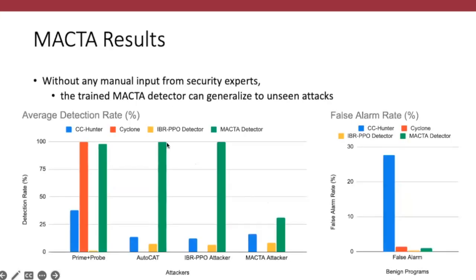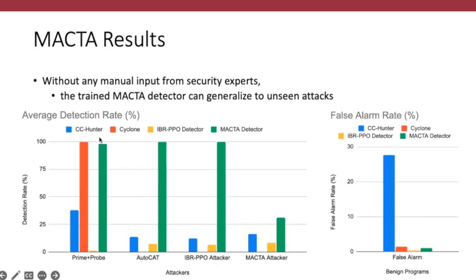Here are the results. On the left side, this figure shows the detection rate for different attackers. Prime+probe is a known attack. AutoCAT is an AutoCAT attacker trained without a detector. This is another training algorithm, and this is the MACTA attacker trained against our detector.